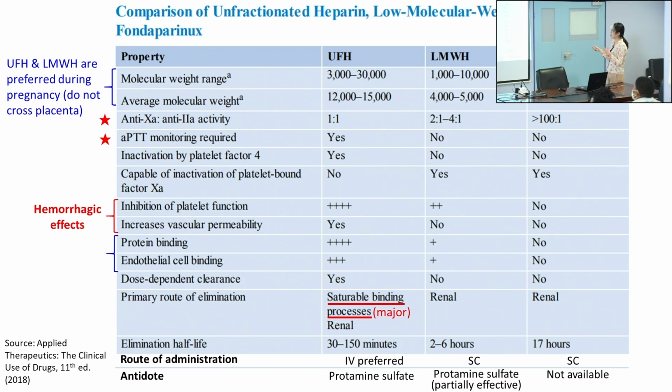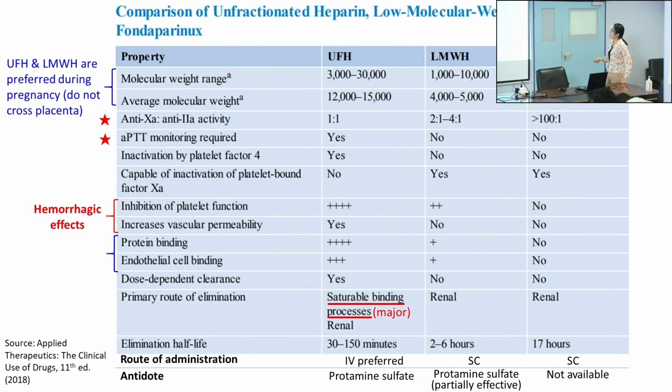What's important about molecular size is that because unfractionated heparin and low molecular weight heparin are very large, they do not cross the placenta in pregnant women. So that is why unfractionated heparin and low molecular weight heparin are preferred during pregnancy, but not fondaparinux, because this one has a small molecular size, so it can cross the placenta.